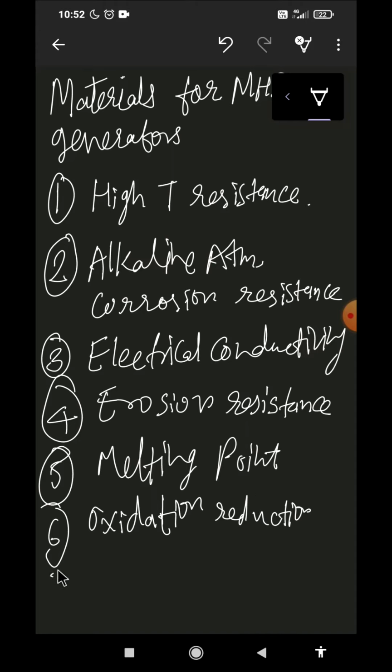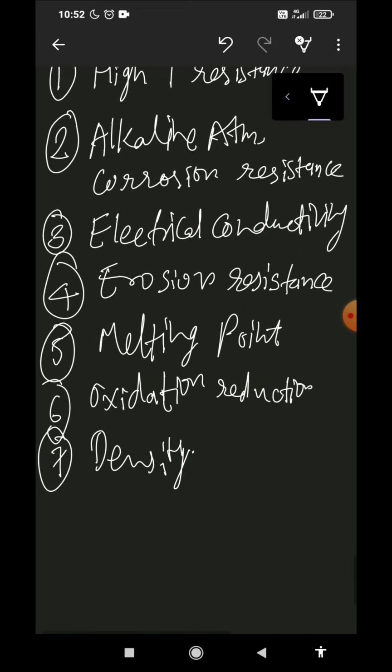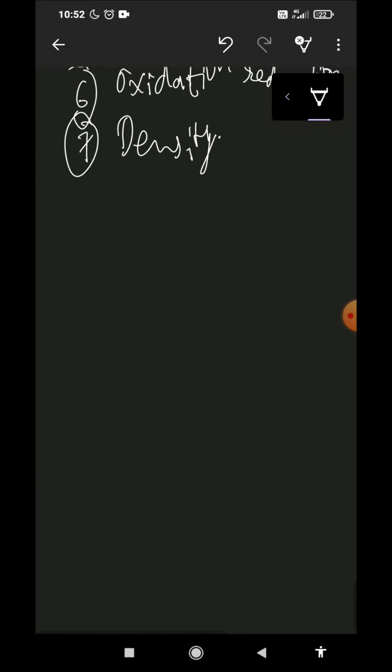And seventh is its density, so it should be denser. These are the main characteristics required for the material. To obtain such a material is very difficult, and there are very limited criteria to select this material.